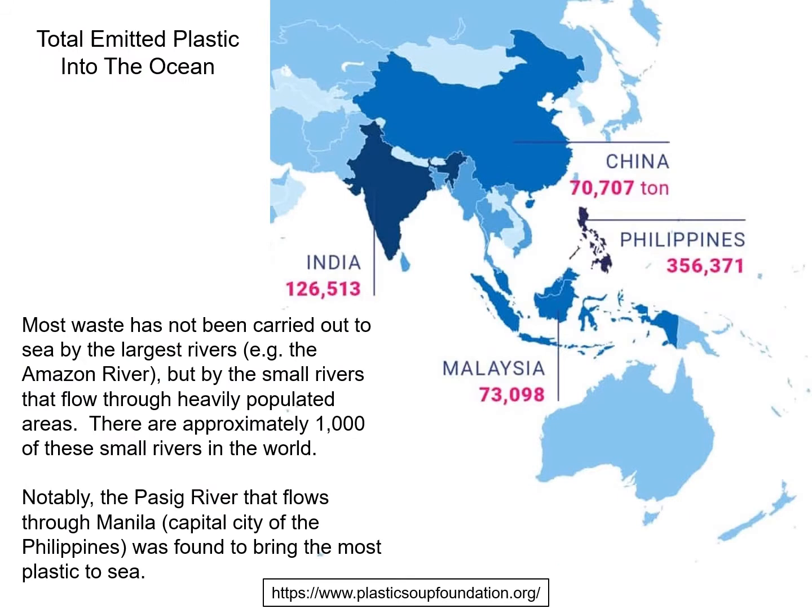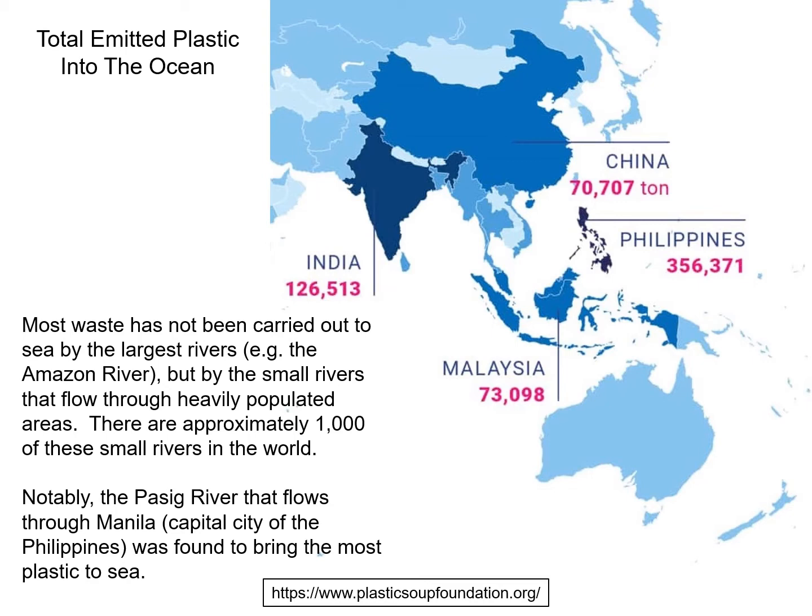If we focus in on the Philippines, which is one of the highest ocean polluters of plastic, I first want to talk about where does all this plastic actually come from?